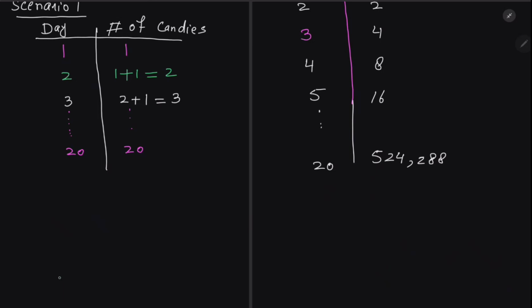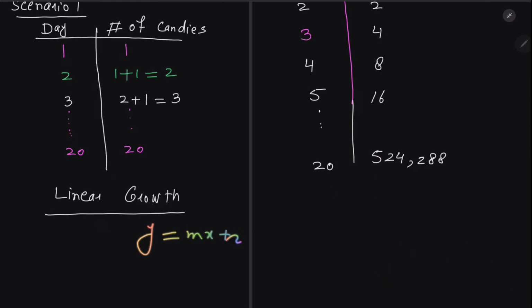It is a linear growth. If you double the things, then you get a double answer. It is similar to the mathematical function y is equal to mx plus c. They are directly proportional. If you double the domain, you get double the answer. That's how linear growth works.